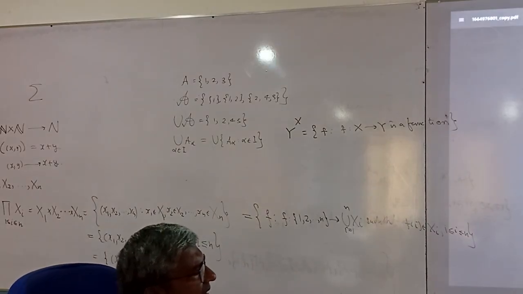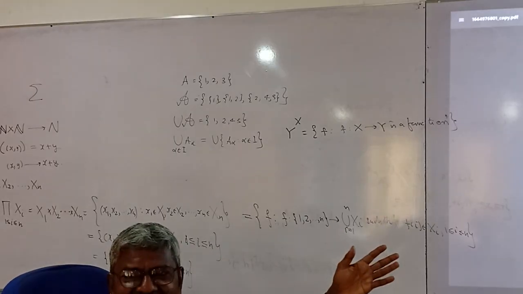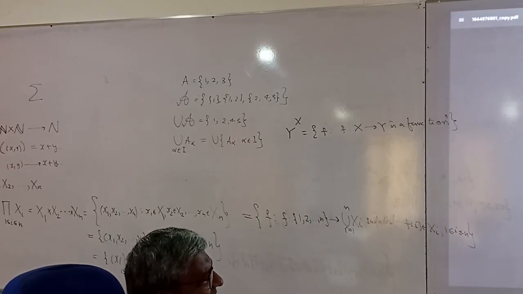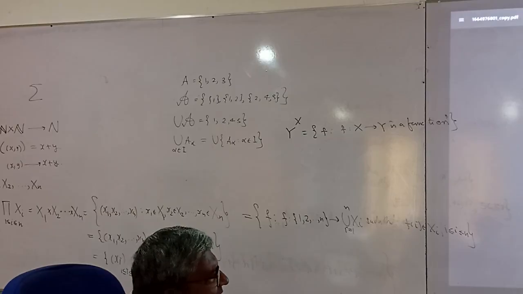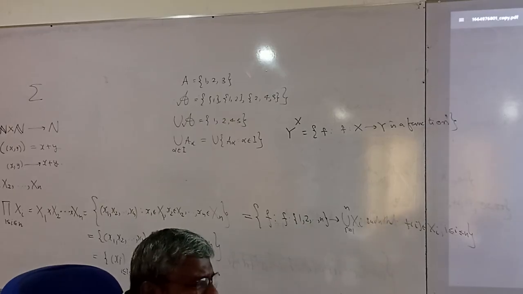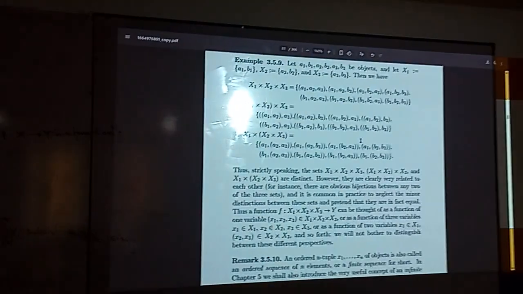However, they are clearly very related to each other. I mean, except for the parentheses, they are the same. For instance, there are obvious bijections between any two of the three sets. And it is common in practice to neglect the minor distinctions between these sets. I cannot remember any place where this parenthesis thing was important.